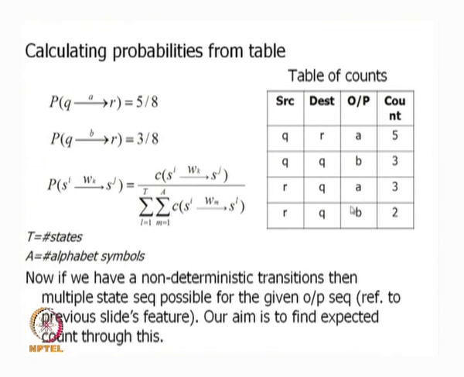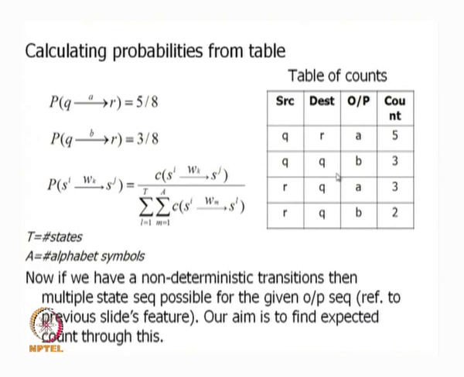We make a record of the transitions and the corresponding output symbols as they obtain in the output sequence. In the output sequence and the corresponding state sequence, we have the transition Q to R with the symbol A. This happens 5 times.